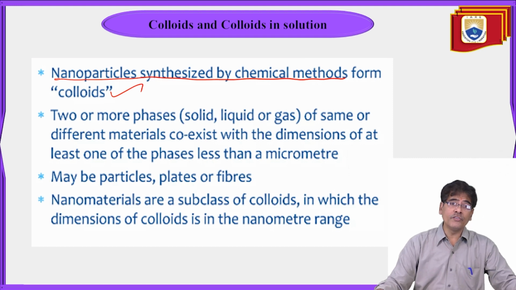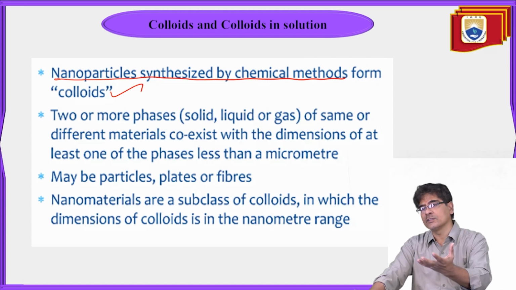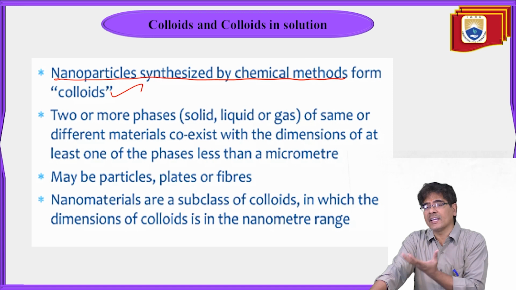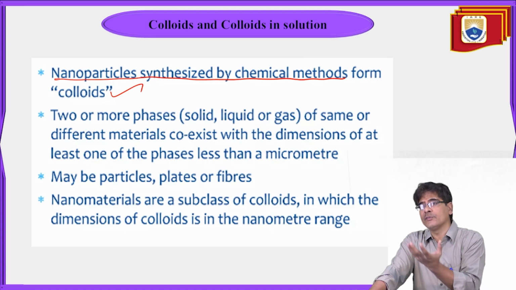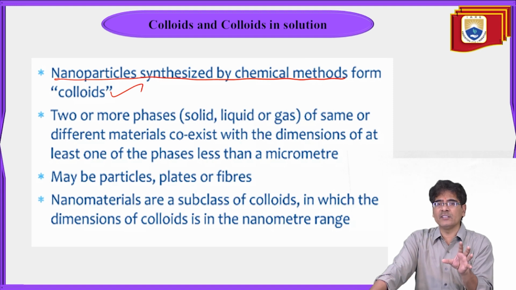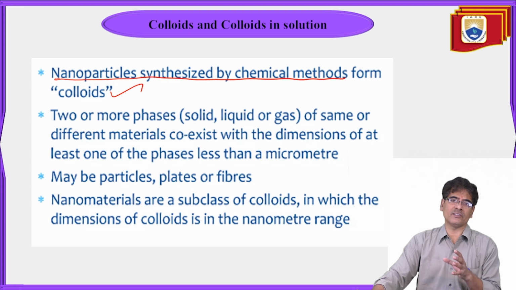So, two or more phases. Phases here means phase transitions, like solids, liquids, or gases. So solid to liquid, liquid to gas, gas to liquid, liquid to solid. These are nothing but phase transitions.